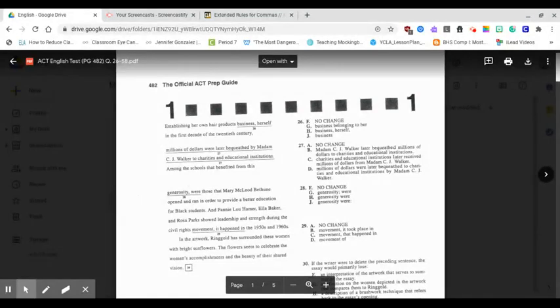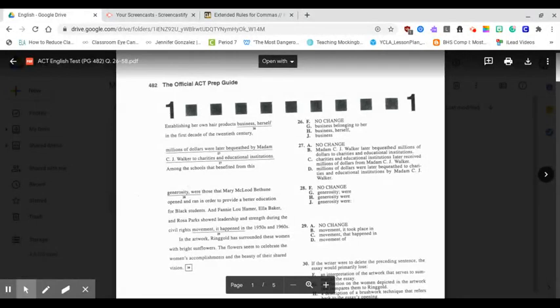So if I were going to eliminate two answer choices, I want to eliminate F and G. F uses that comma incorrectly, making it seem as if that entire dependent clause is two dependent clauses. You cannot have two dependent clauses separated by a comma.